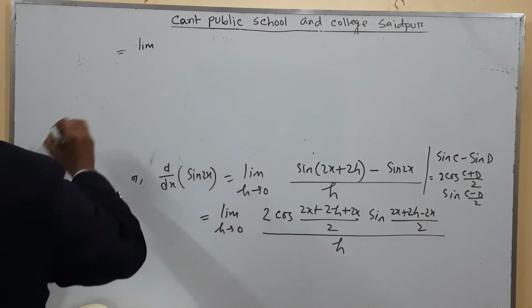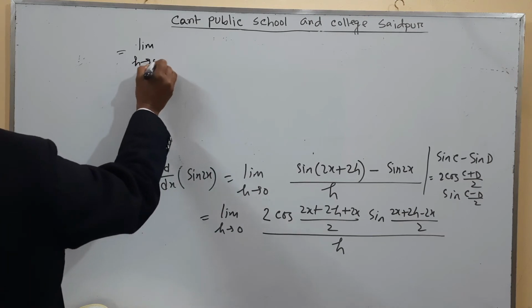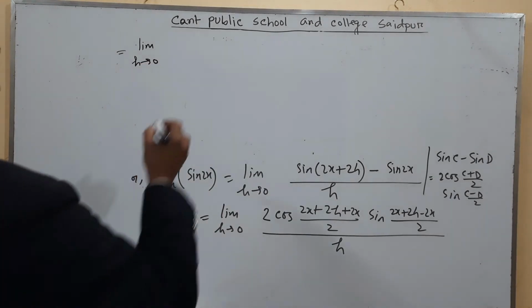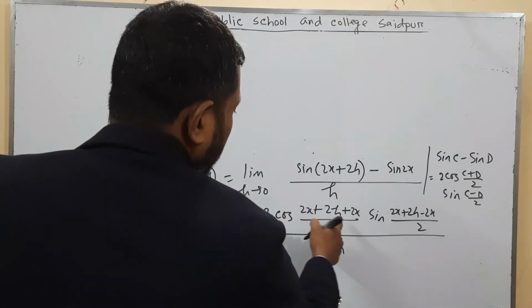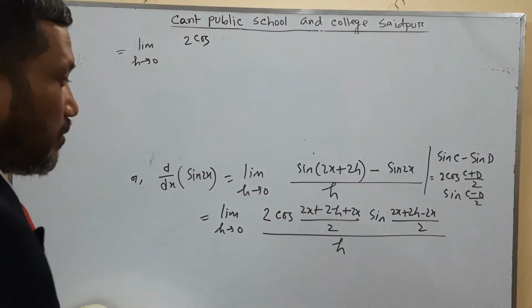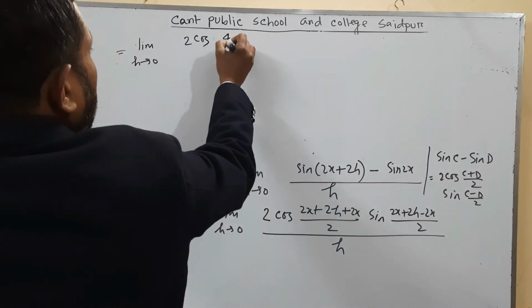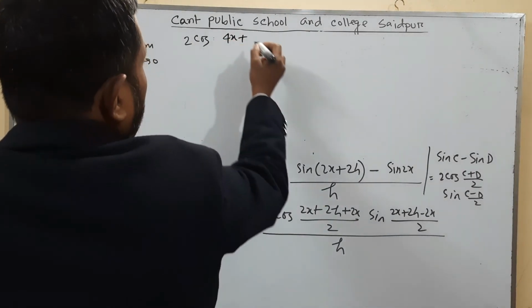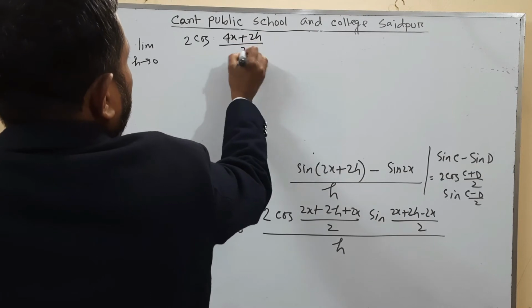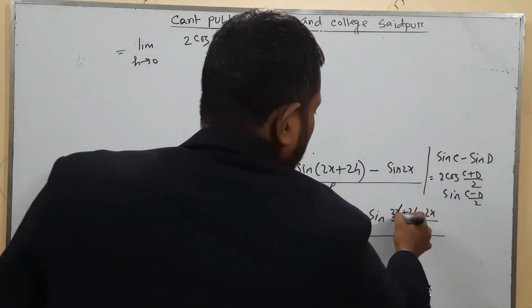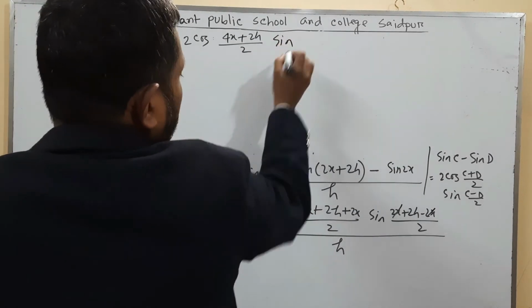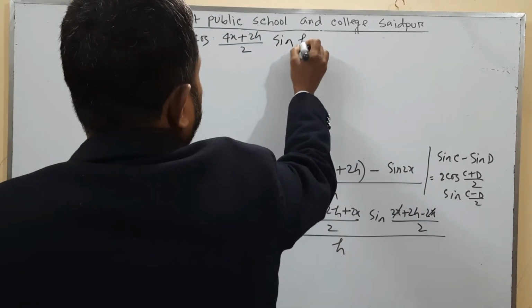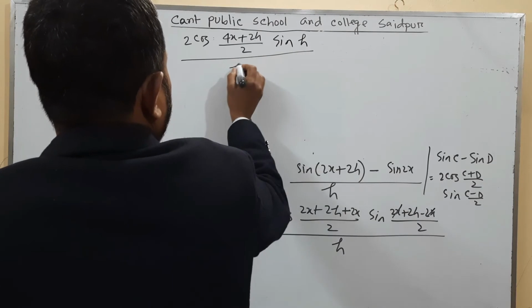Limit h tends to 0, 2 cos 2x plus 2x, this will be 4x, plus 2h by 2, 2x minus 2x will cut, sin 2h by 2 by h, that is sin h by h.